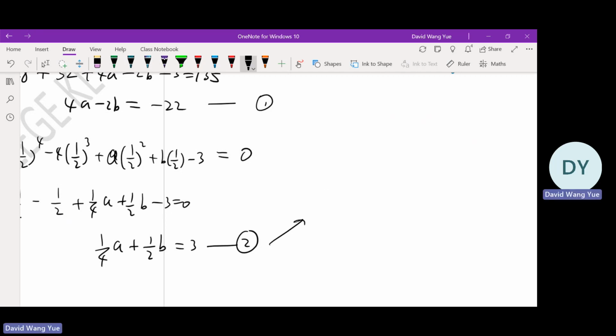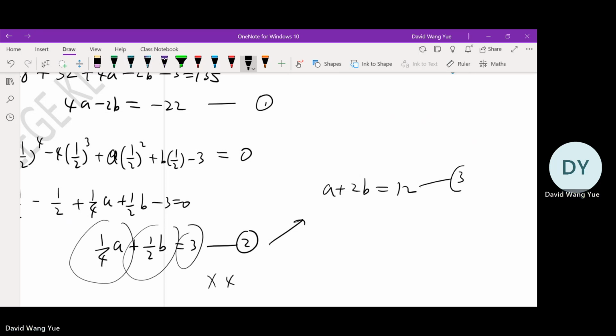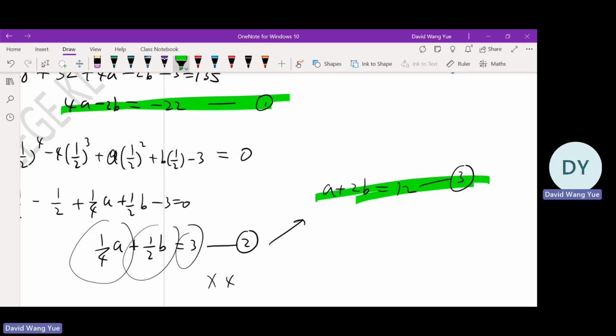Okay, the second equation, right? If I times 4, so 1 over 4A times 4 is A, 1 over 2B times 4 is 2B, 3 times 4 is 12. Okay, equation 1 plus equation 3: 5A equals minus 10.